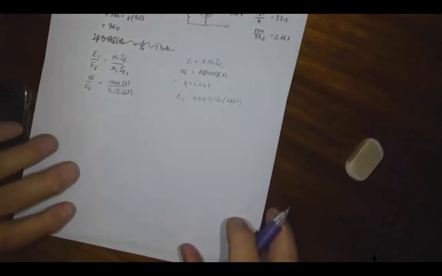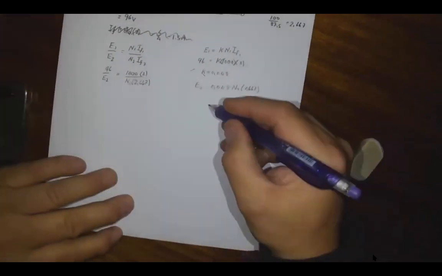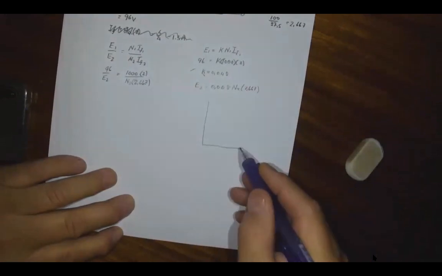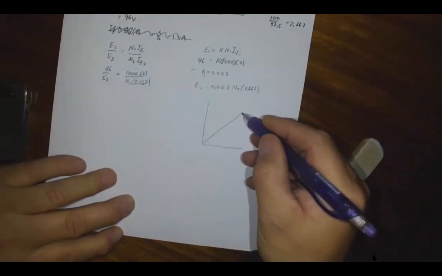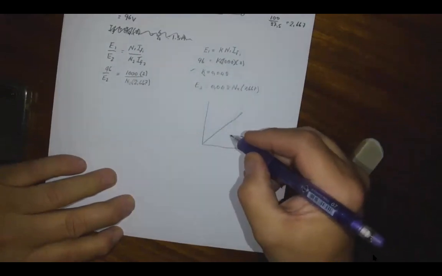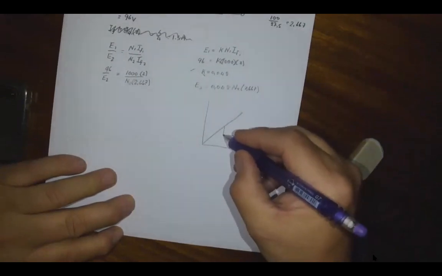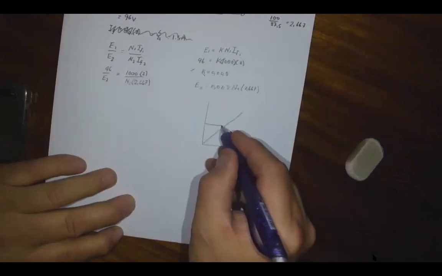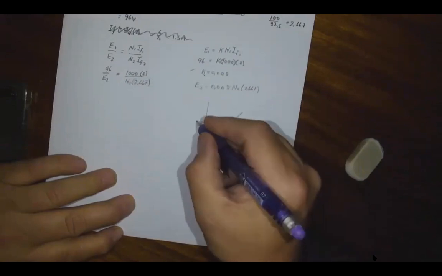They say that the characteristic curve or the excitation curve is a straight line. So for 1 and 2 amps, we have 96.